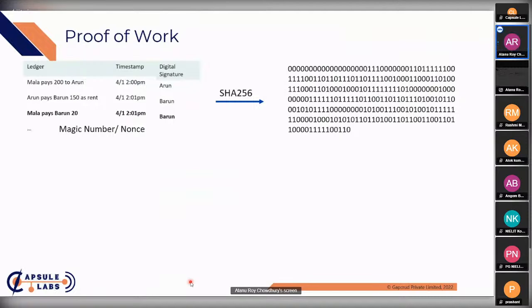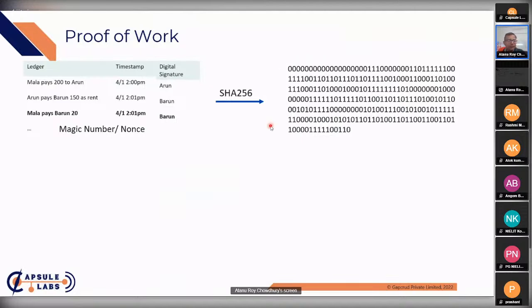How the proof of work is computed: if I have a ledger with all the transactions, which are digitally signed, say, for example, 10 transactions that have been digitally signed, so I know that they are all accurate, I am going to compute the SHA-256 value for this. If I write it out, on my left-hand side is a 256-bit representation of the SHA value. The proof of work concept essentially comes from asking for a pattern in this output value.